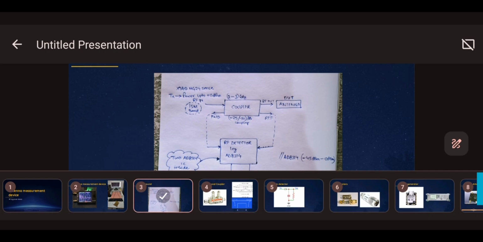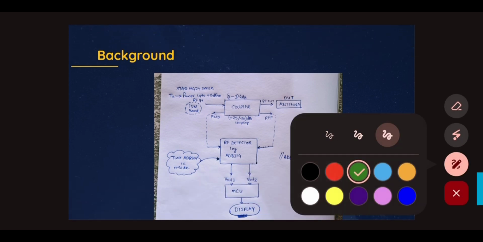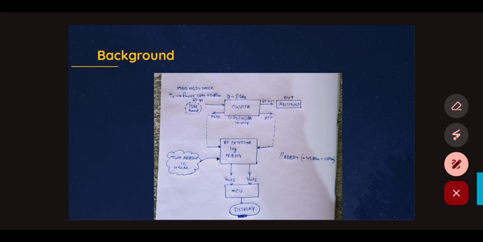But let me tell you, when we go to higher frequencies, inside this IC there is something like a PLL, phase locked loop, and a voltage controlled oscillator.